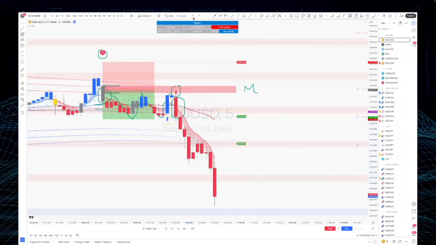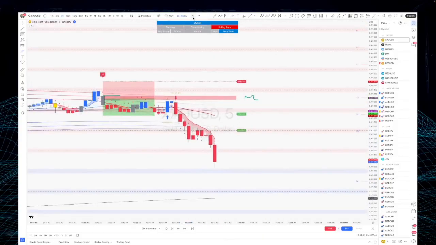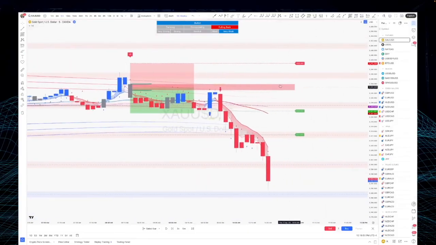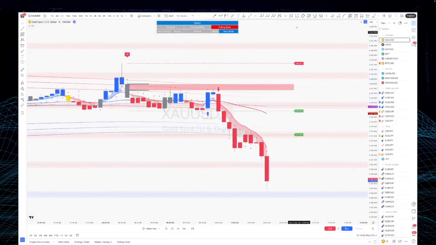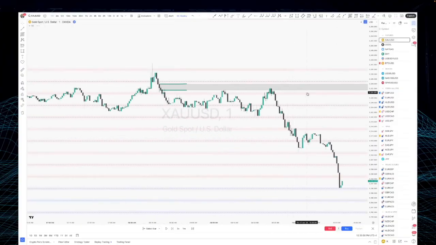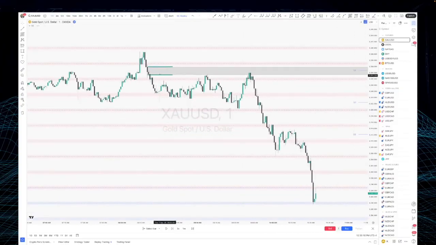Now, the other thing that you can do, which is another really good idea, is if you are more of a super confirmation based trader, you can take the entry box and manually mark it up, and then jump down to a lower time frame like a 1 minute or a 3 minute, or just whatever time frame you're on, jump down to a lower one.